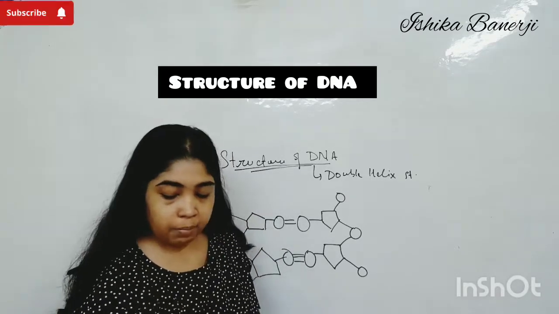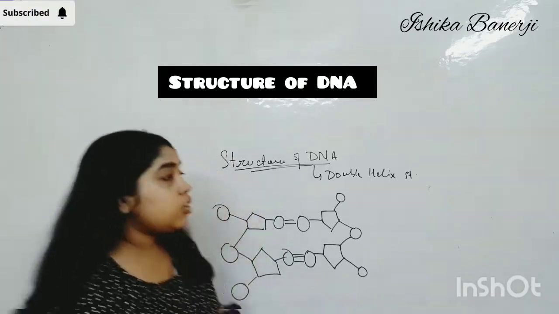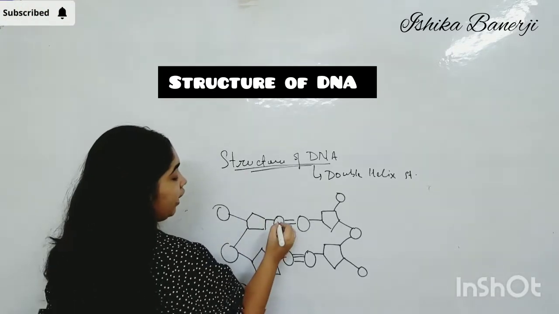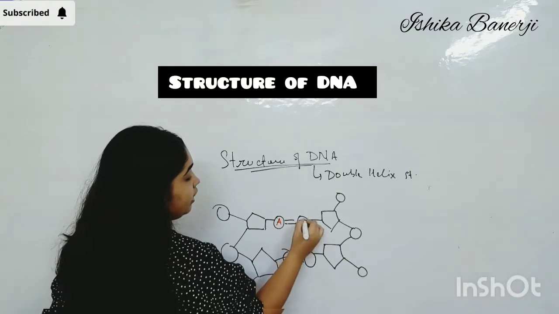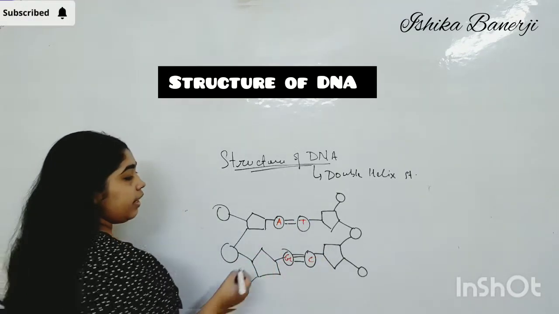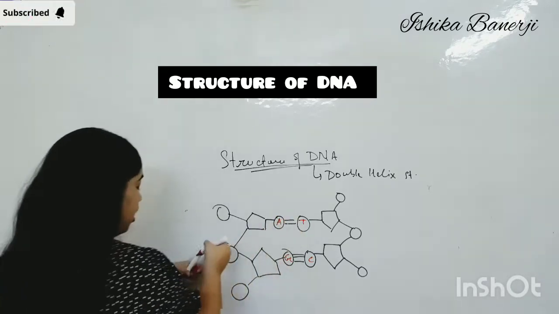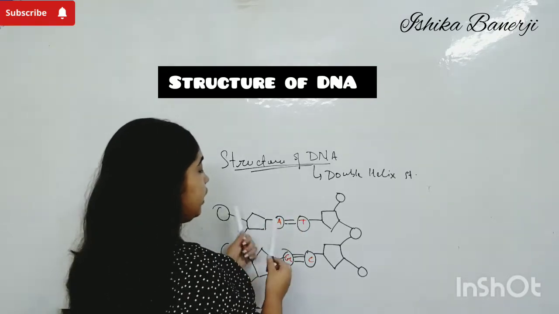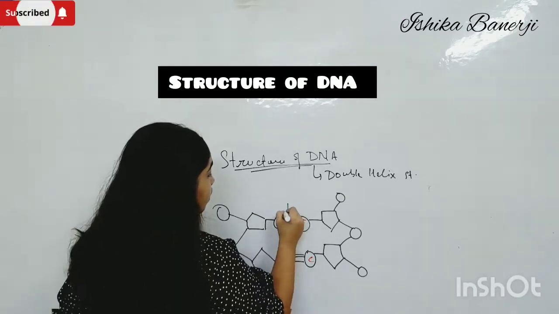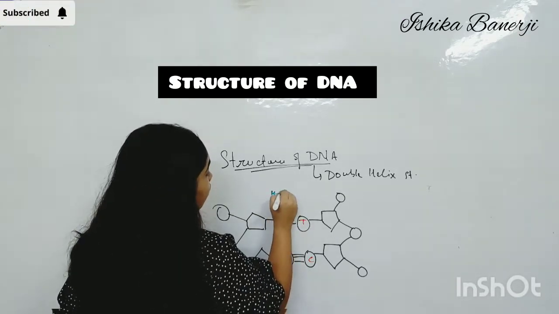If I have to label this, or show you how it happens, suppose these are your nitrogenous bases A, T, G, C. Understand? Next, this is your hydrogen bond.